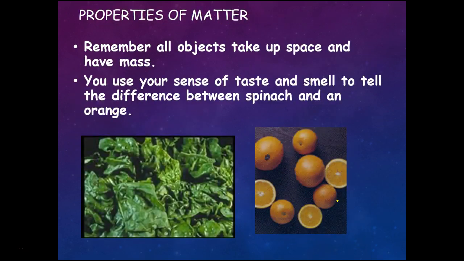So, properties of matter. Remember, all objects take up space and have mass, and we use our senses of taste, smell, touch, and all of the other ones to tell the difference between things. If we wanted to tell the difference between spinach and oranges, what would we do? Well, the first thing I think we would think about would be the color. This one is green. This one is definitely orange.